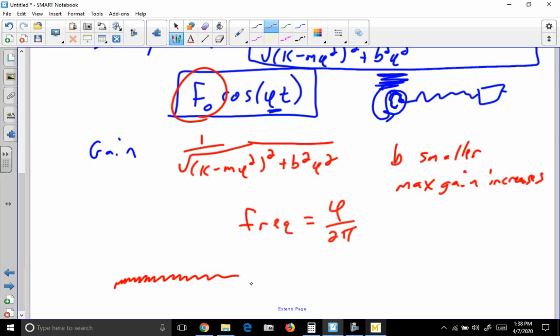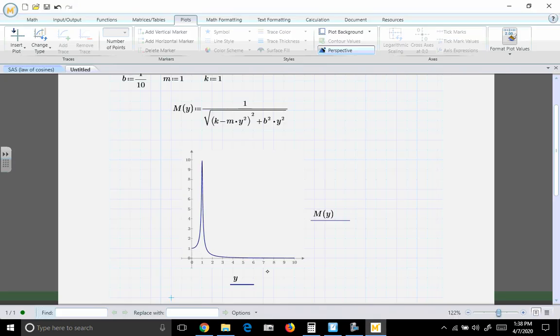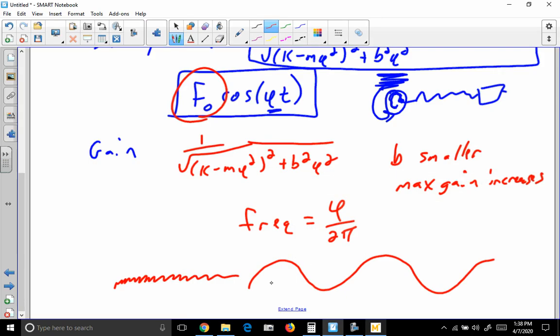If your frequency is too slow, then that's not going to have too much of an effect on your system. Your multiplier is just going to be 1, so essentially your force is your external force. But if you find just the right frequency that's not too fast or not too slow, then you can cause really large amplitude growth or really large gain.